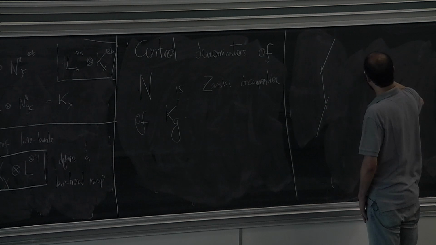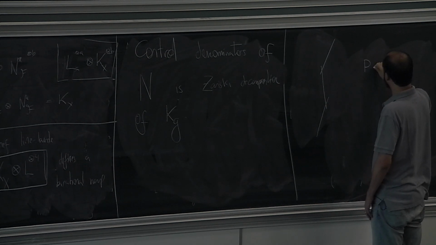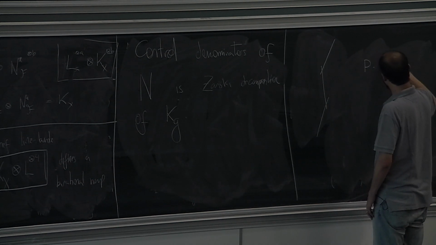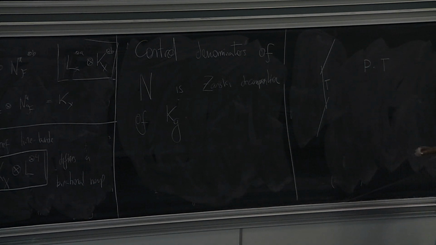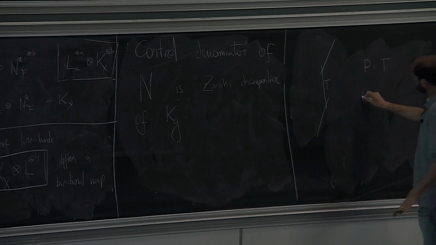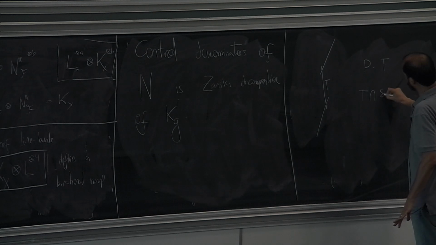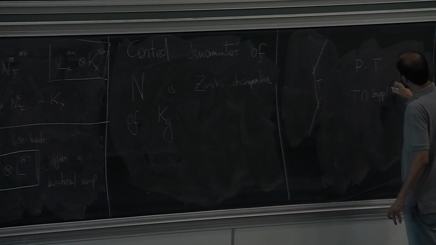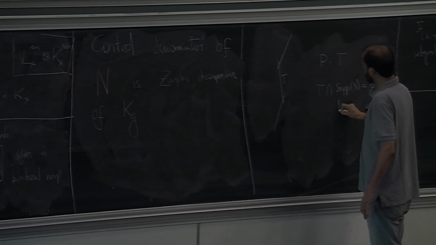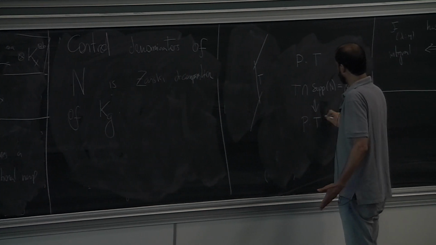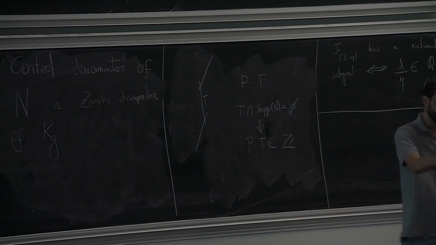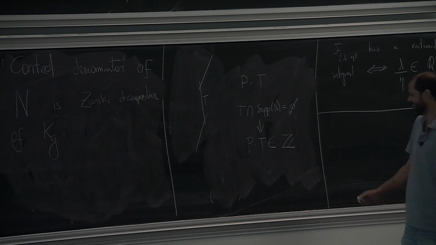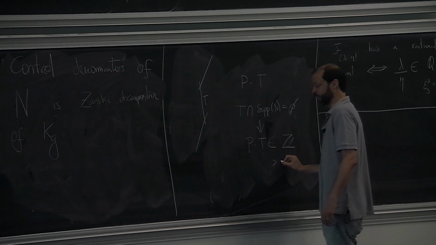I want to compute P times T, where T is a component here. The thing is that if T intersection with the support of N is empty, then P of T is an integer. And using Liouville inequality, we can show that it's at least 1.